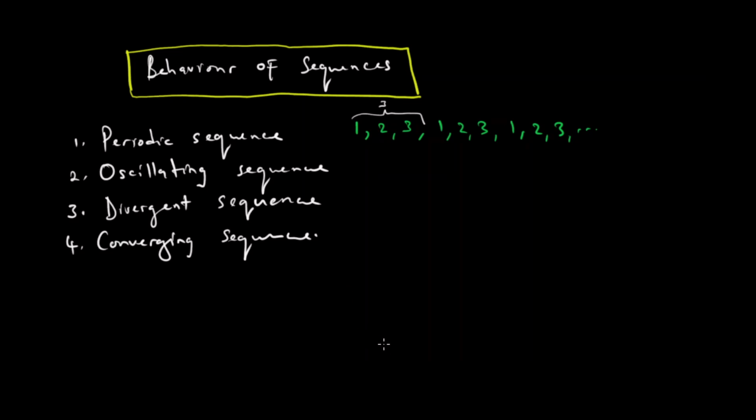An example we worked with is 1, minus x, x squared, minus x cubed, x to the 4, minus x to the 5 and so forth. As you can see, positive, negative, positive, negative, that's oscillating.